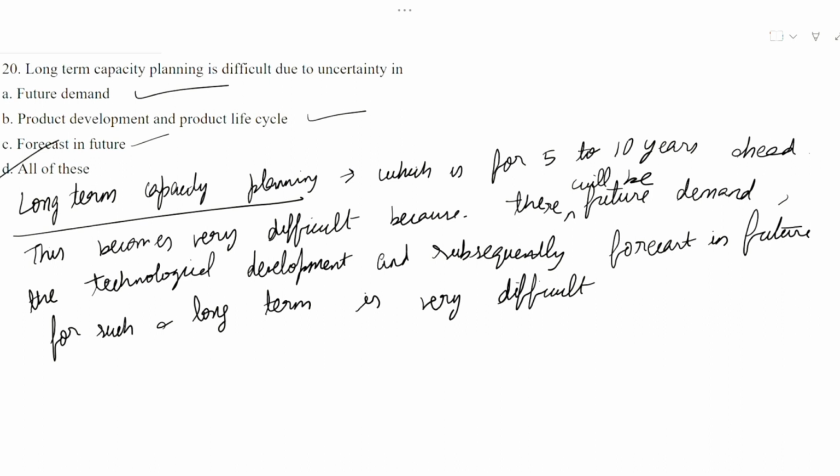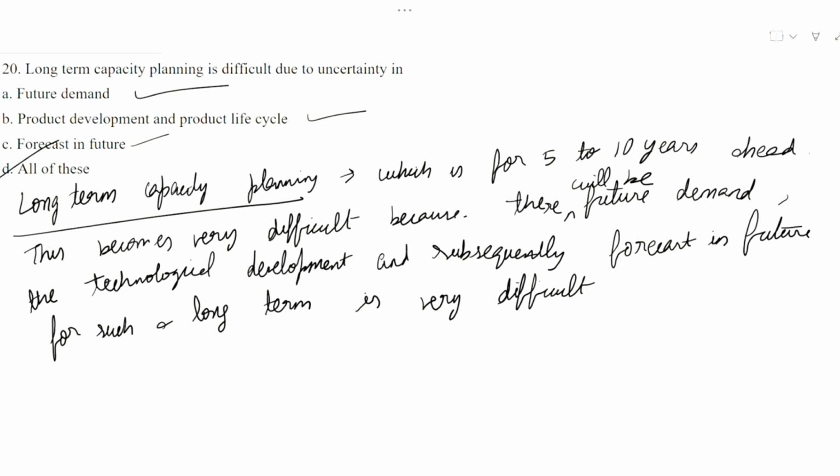Okay. So we reached the end of today's session. As we know, the major questions were revolving around production planning and control, scheduling, dispatching, routing, long-term production planning, long-term capacity planning, short-term capacity planning, aggregate planning.